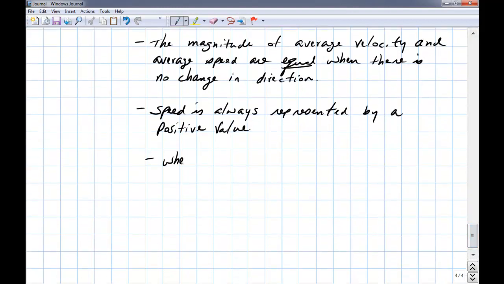Next, when an object is traveling to the right, its velocity is positive.